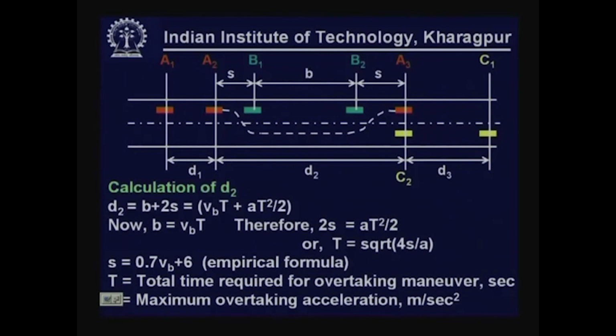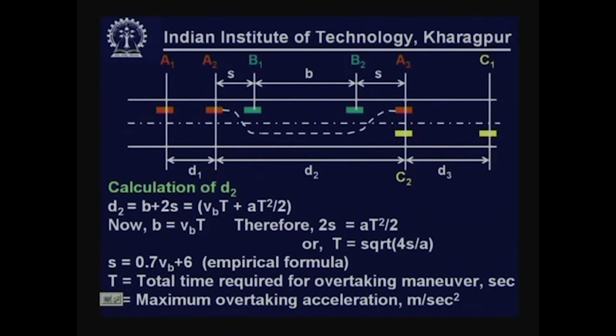Now, let us see how we can calculate component d2. From the sketch it is clear that d2 equals b plus 2s. b is the distance travelled by the slow moving vehicle B during this overtaking time T, and s is the minimum required spacing between two vehicles.